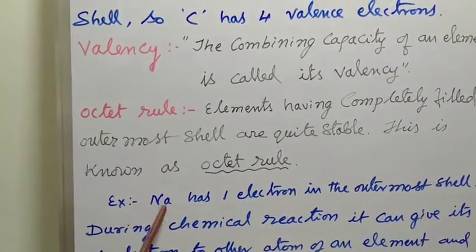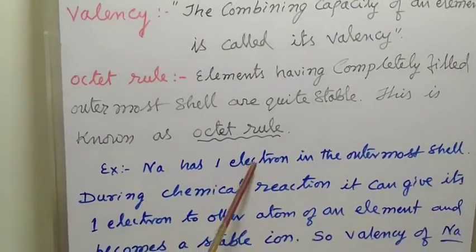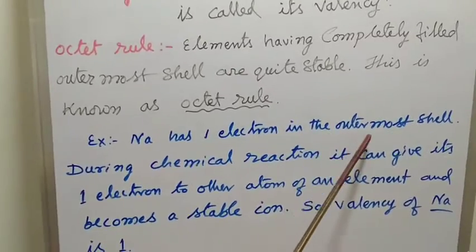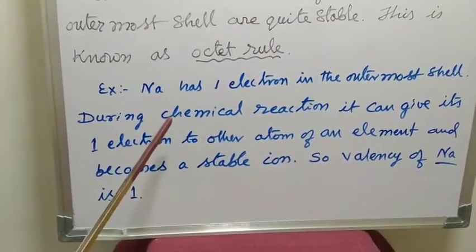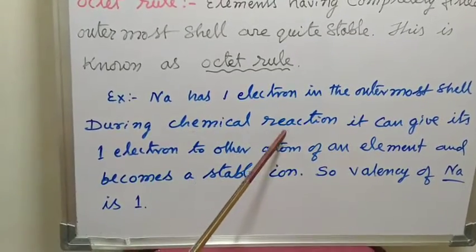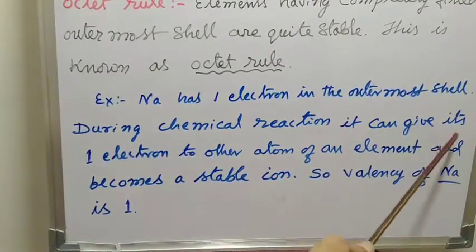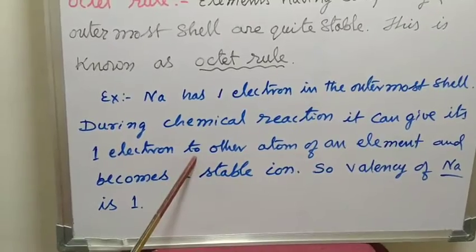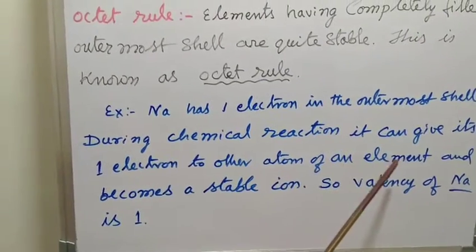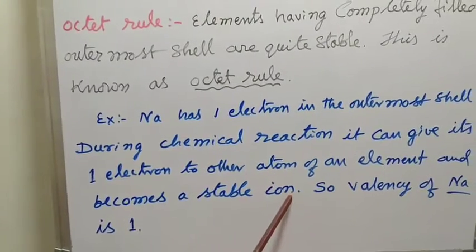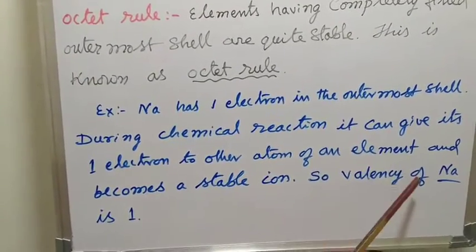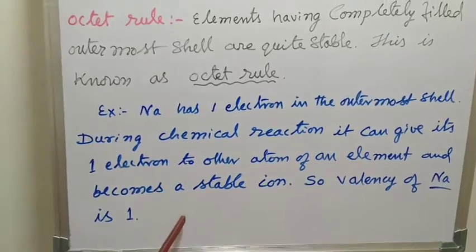For example, sodium has one electron in the outermost shell. So, during a chemical reaction, it can give its one electron to another atom and becomes a stable ion. So, the valency of sodium is 1.